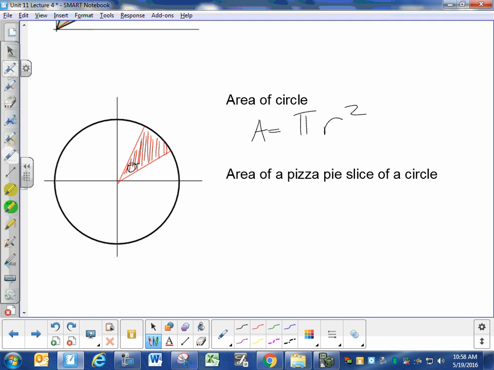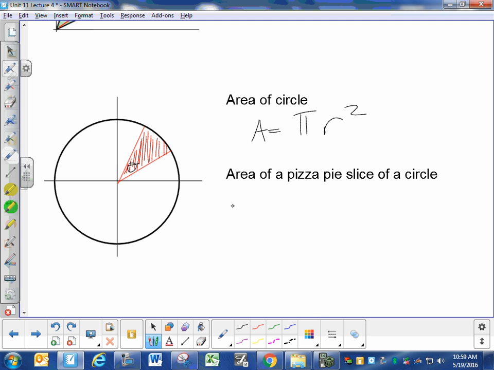How do I find the area of that pizza slice? That's exactly right. If you think about if I had a quarter of the circle, I would take the area and divide it by 4, right? Or multiply by 1/4. Well, however much this angle is divided by the total distance around the circle, that would be the proportion of the total area that I would need.